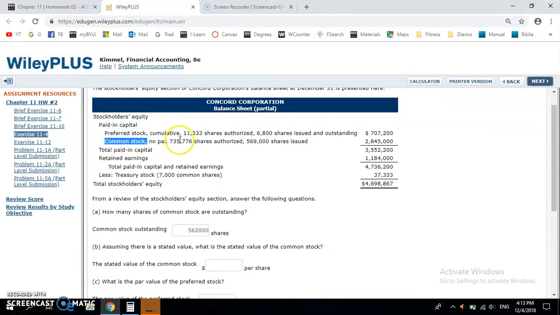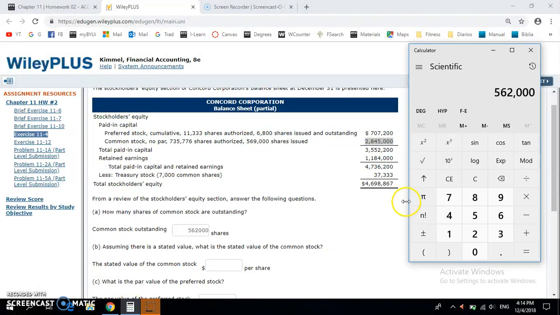If they had been paid above that, a higher price, that difference would have to be in another account, which is called paid in capital in excess of stated value. So we can assume that this value that they were paid equals the stated value of all those shares. So we're going to do the numbers.